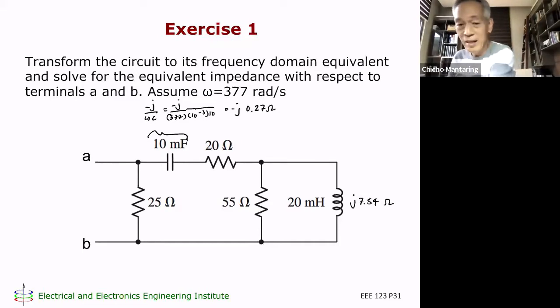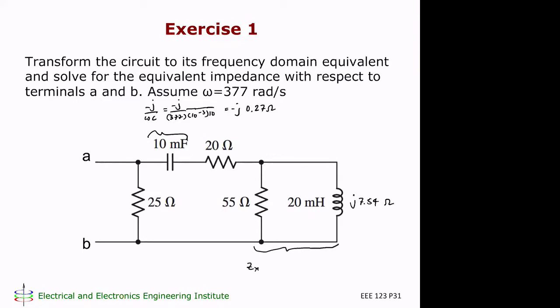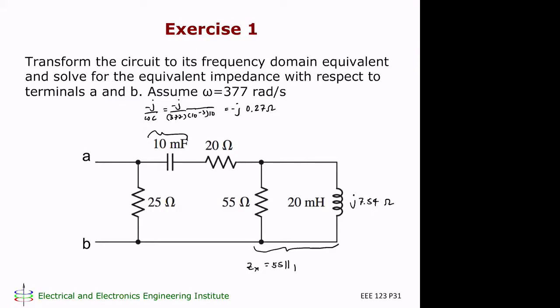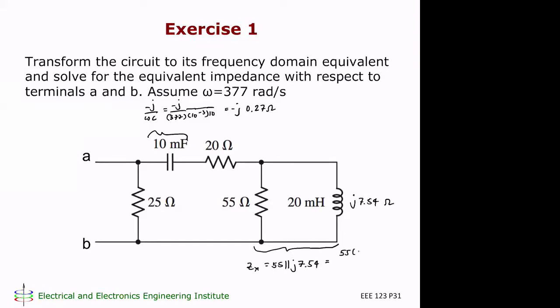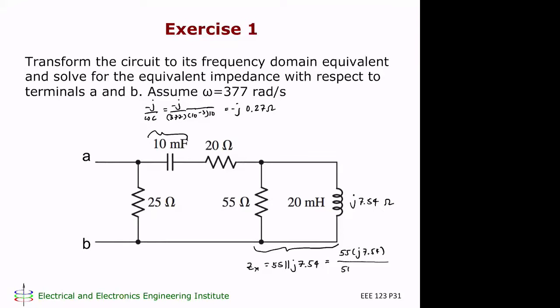So, I'll call this ZX. This is 55 in parallel with j7.54. So this is the product, 55 times j7.54 over 55 plus j7.54.